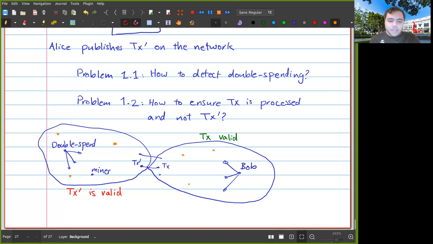And as soon as he hears about the other transaction, well, Bob can say, okay, I'm not going to give you the bag of chips. I'm going to wait until I see which transaction gets on the blockchain. Okay. So the answer to how to detect double spending is to deploy many nodes, or let's say several nodes, in different locations.